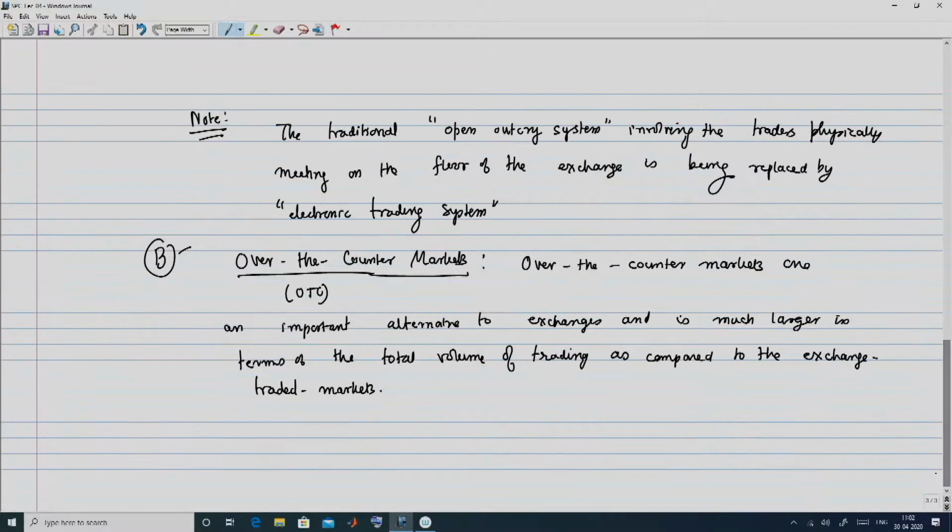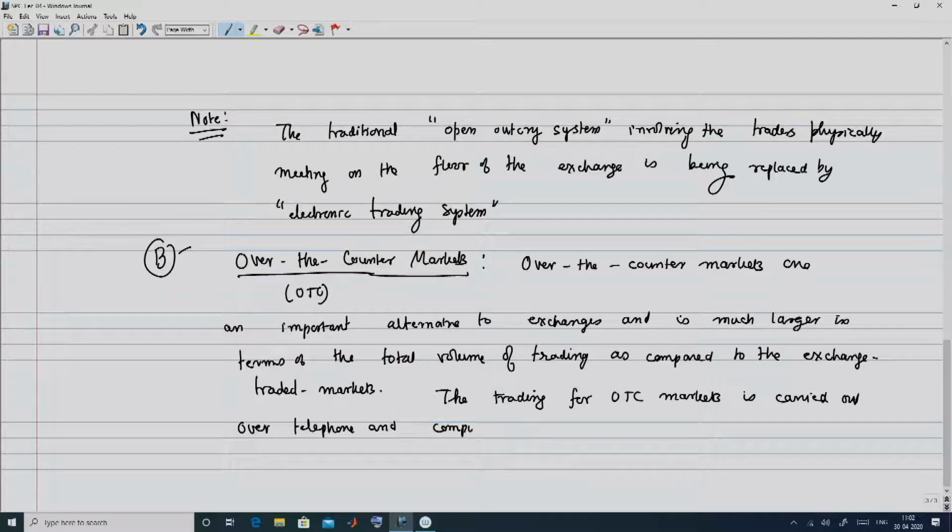And now, the modus operandi of this over the counter market is that the trading for OTC markets is carried out over telephone and computer linked network.